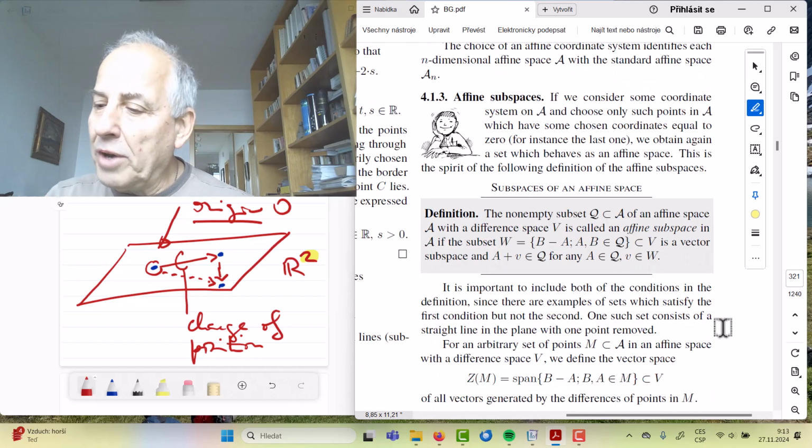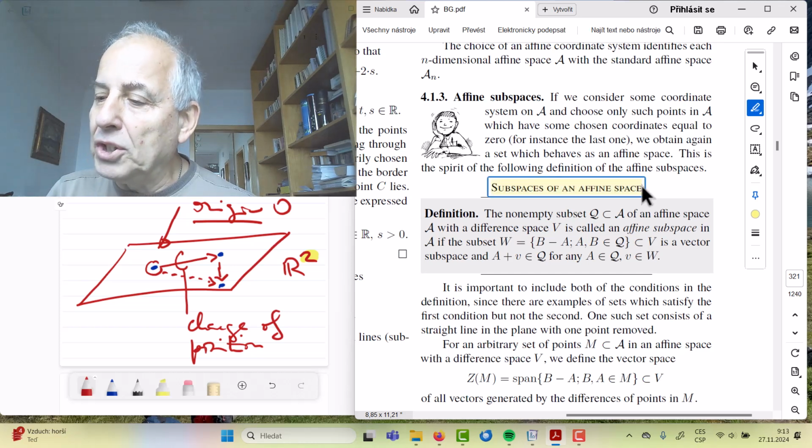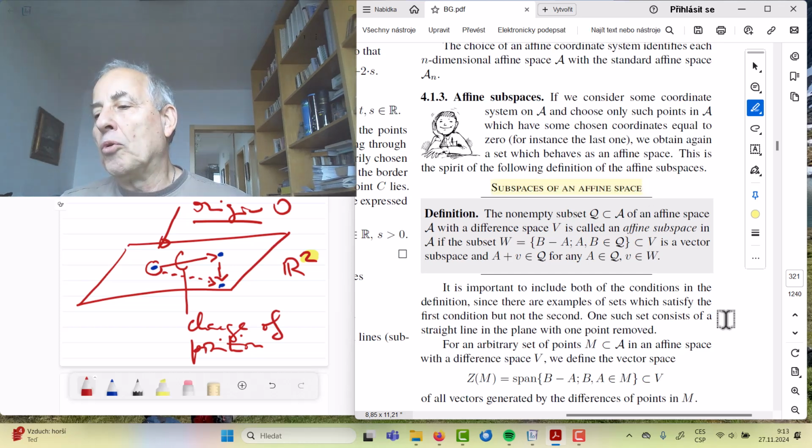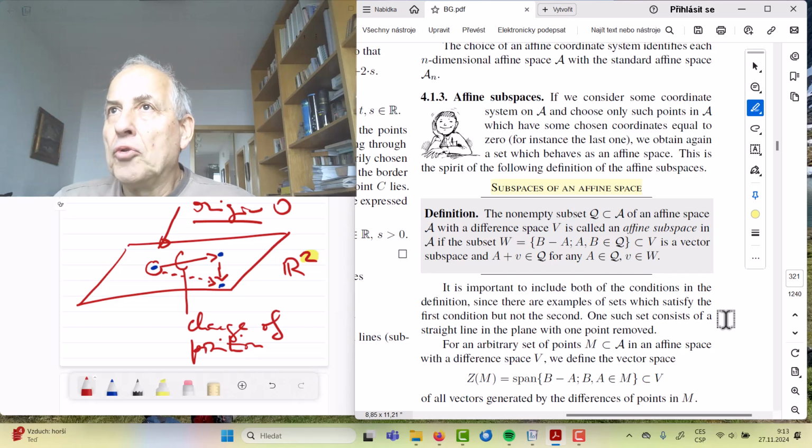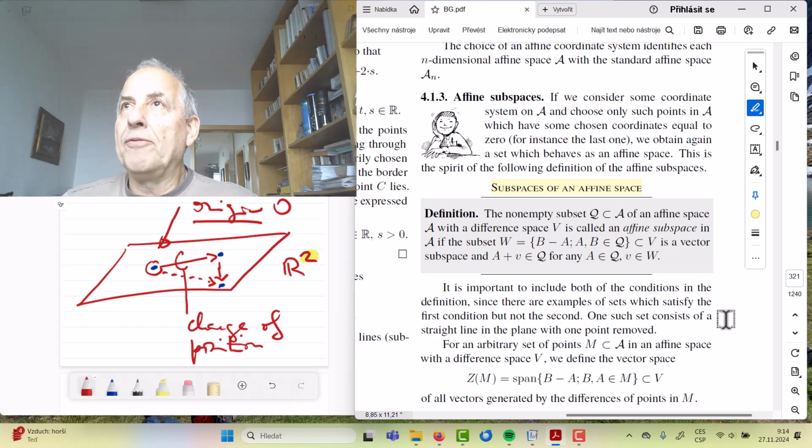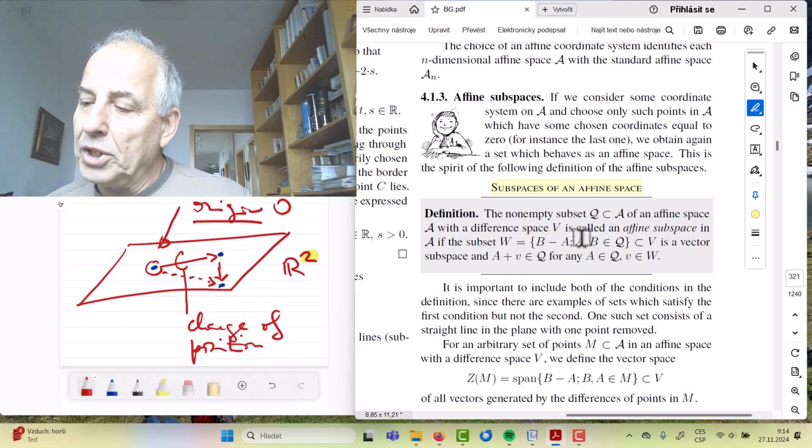What does it mean to have a subspace? So the subspace is a little bit more subtle here. So of course we need to have subsets which would inherit the structure and will become affine spaces by themselves, right? So this can be obviously done in two steps.